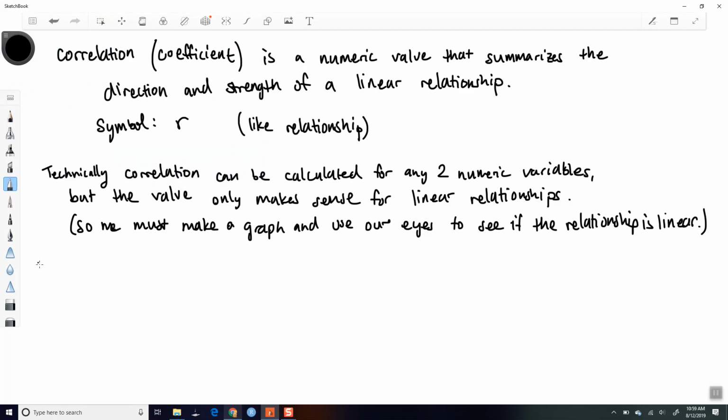All right, so rules about correlation. The correlation is always a value between -1 and 1. Okay? And again, assuming it's linear, the sign of R is the direction of the relationship.